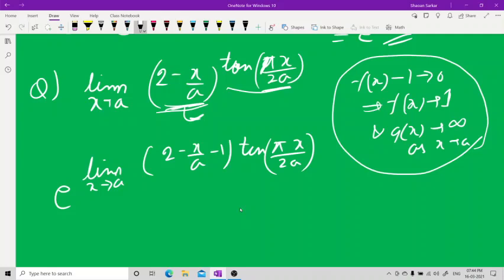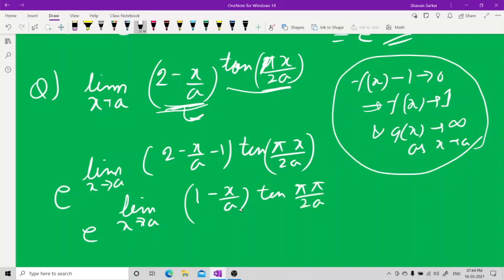Now this will be e to the power of limit x tending to a of (1 minus x by a) tan (pi x by 2a).